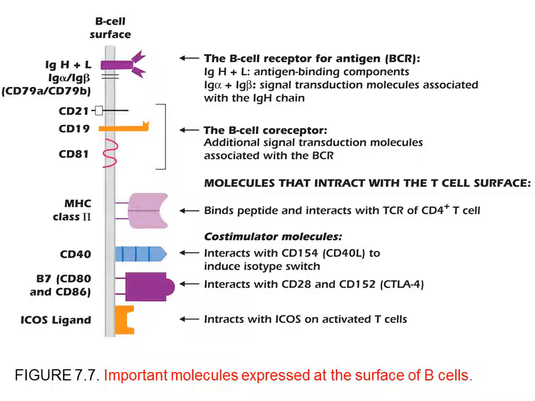And today, after these couple of slides, I'm going to talk about MHC, major histocompatibility class 1 and 2. But remember for now that both 1 and 2 are important. The B cell expresses class 2. And this is a receptor that binds the peptide and basically interacts with the TCR of CD4.